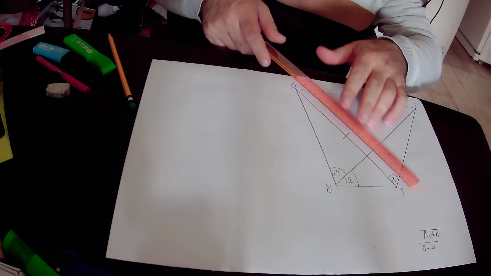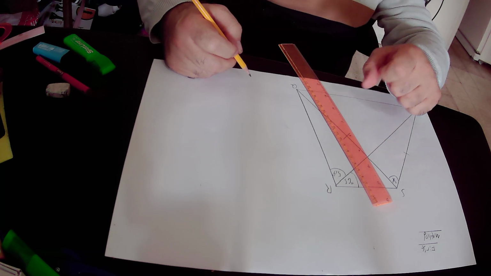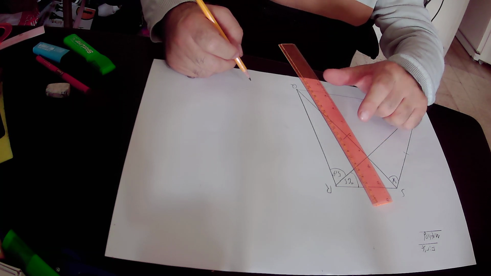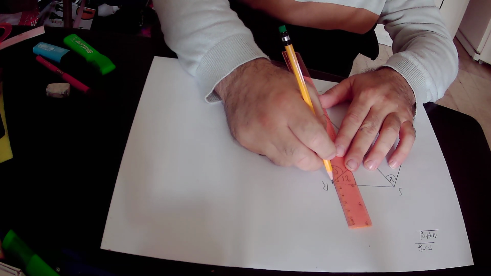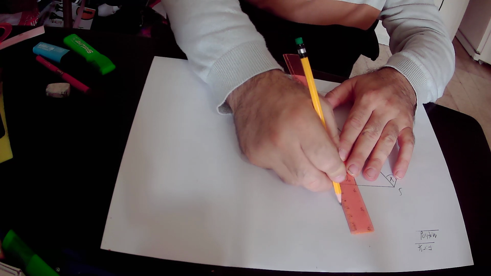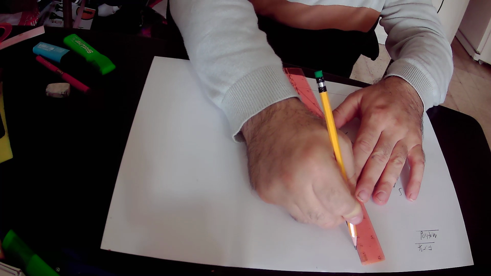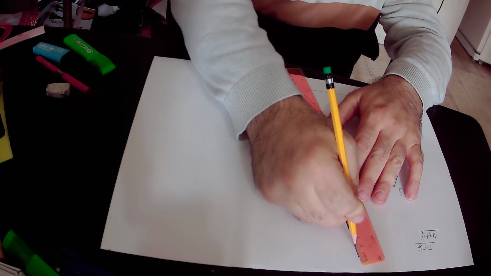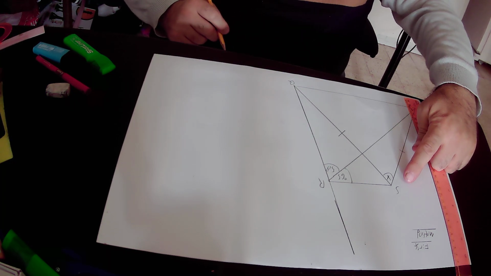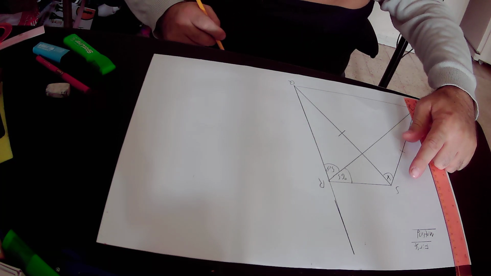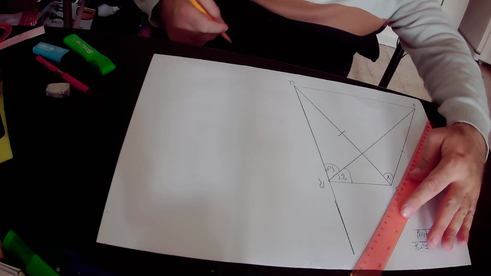With the first method, we will extend QR. We will extend line segment QR. And then from point S, this point, we will draw a perpendicular to the extended QR line segment.